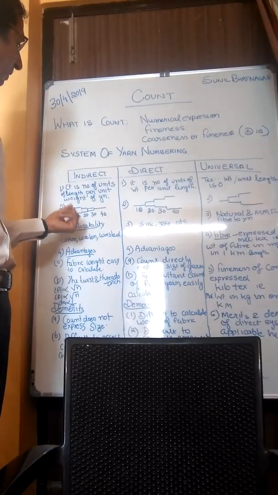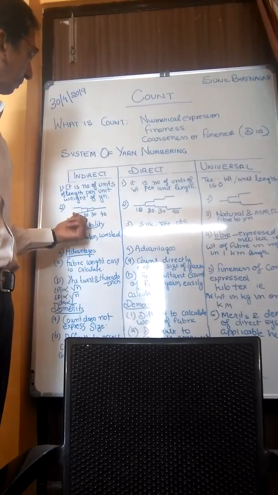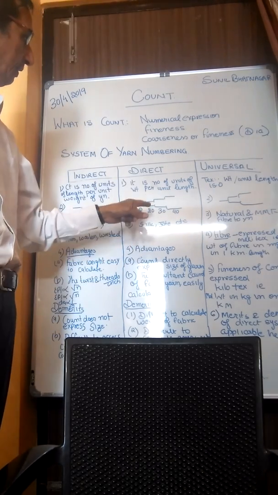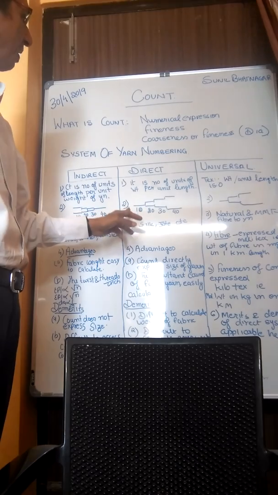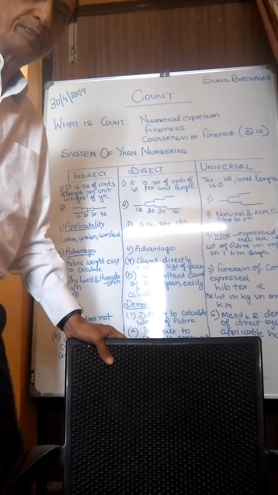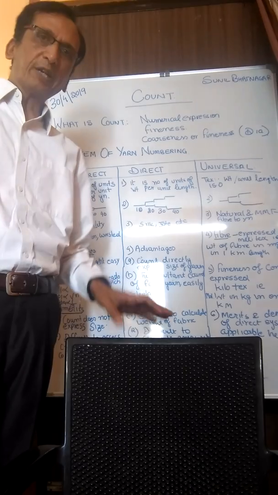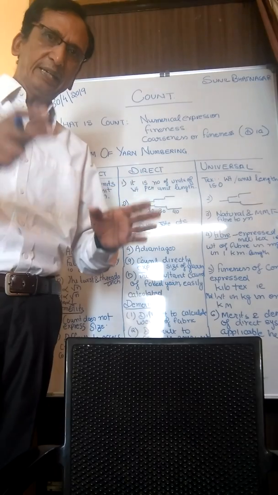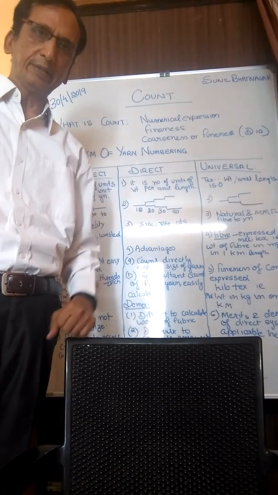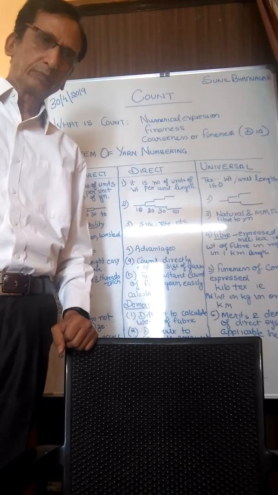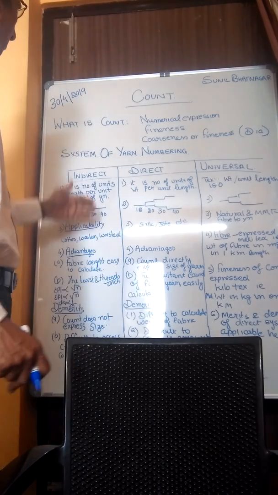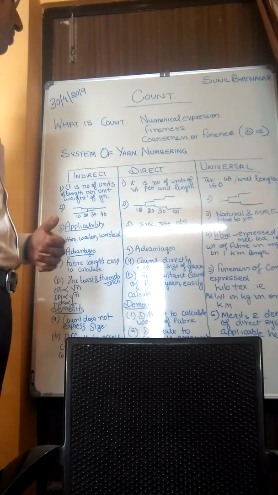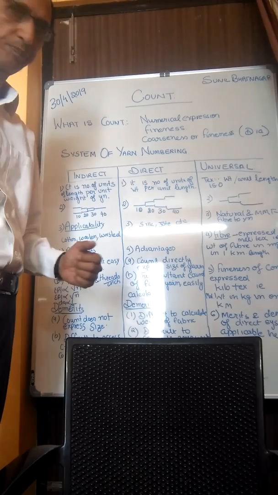So if my count is 10, then 10 is coarser than 40. While in the direct system, as the number increases, the count becomes coarser. 3 denier is coarser than 1 denier. The indirect system is normally applied in cotton, wool, woolen and worsted systems. The direct system is used for silk and jute.